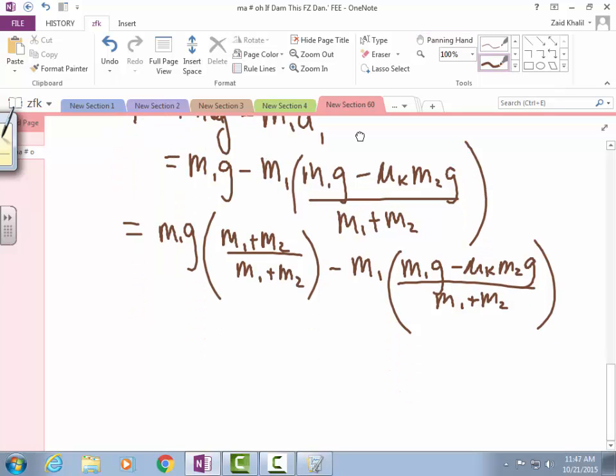Notice, what did I multiply M1G by? I multiplied it by a number, 1. How did I make my 1? I made it by taking the denominator and dividing it by itself. So now I multiply everything out. What do I get? I want to hear you guys. Distribute that M1G. What do you get?